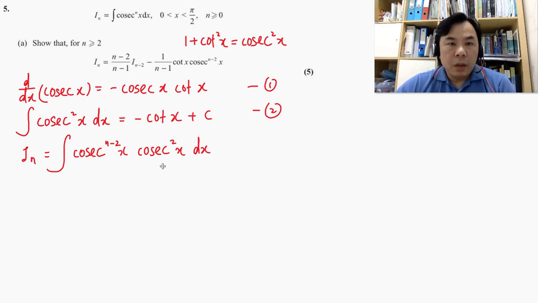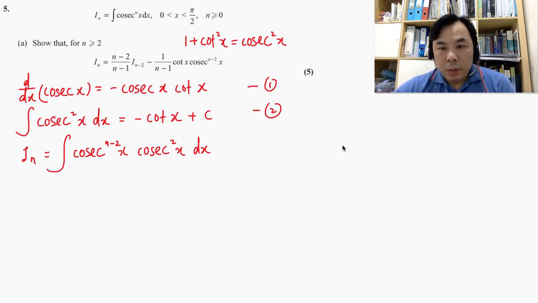And then don't forget, most of the reduction formulas require the use of integration by parts. Okay, so we have done with the first steps, so we are ready to perform integration by parts here. By performing integration by parts, I'll do it separately at the side here so that you can see what is going on.